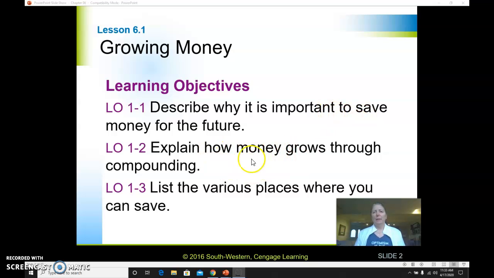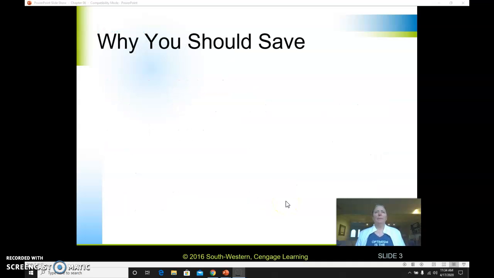We're going to talk extensively about how money grows, first talking about simple interest calculations and then compounding interest calculations. So as it relates to savings accounts or borrowing money, how do we compute interest from a simple perspective and a compounding perspective? And then we'll briefly touch on some places where you can save.